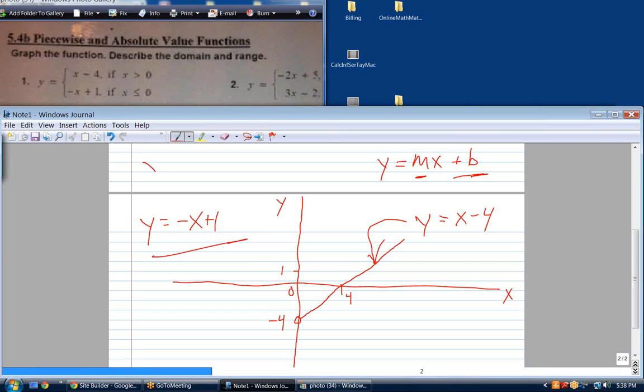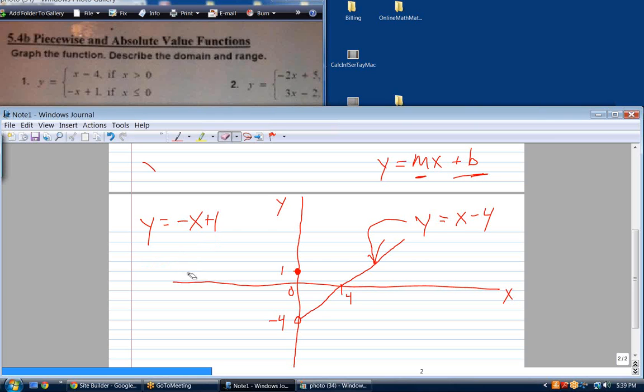The trick here is to plot each of them separately. It'd be positive 1. Okay, so I know that it goes through there, and this time it is a closed dot because it's whenever x is less than or equal to 0. And what is the slope on this function? Negative 1.